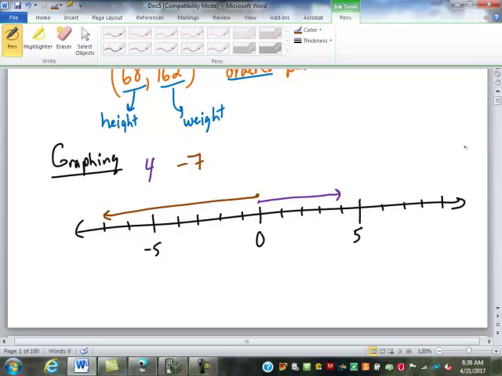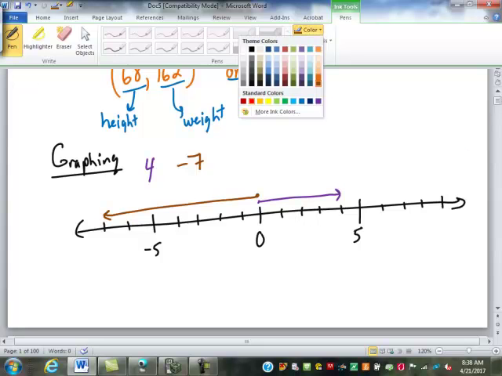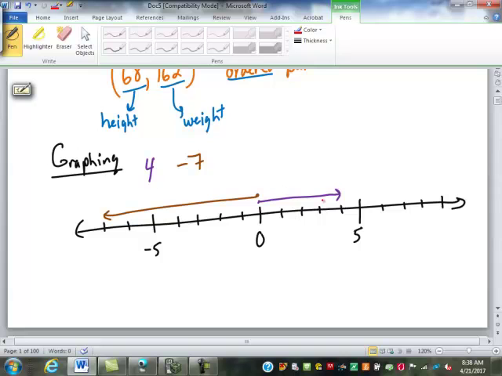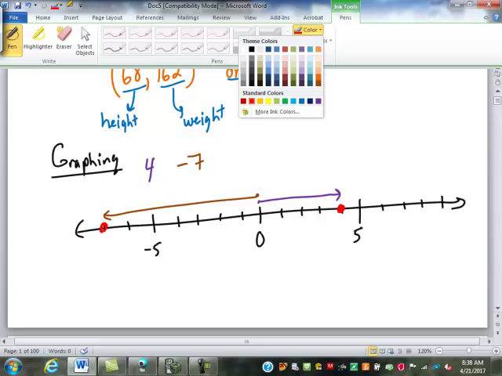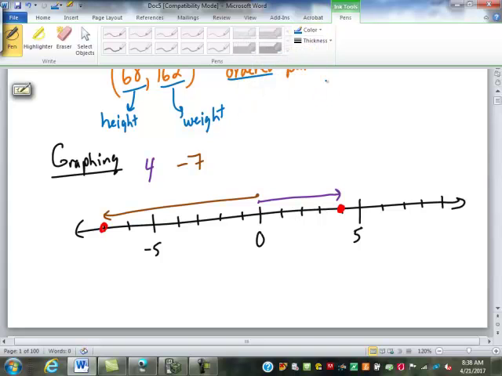We can combine those arrows, those vectors, to add and subtract numbers. But if we're just representing values themselves, it's simpler and takes up less space if we just put dots. So we can represent 4 with just a dot at 4, -7 with just a dot at -7. So for representing single numbers, that works really well.